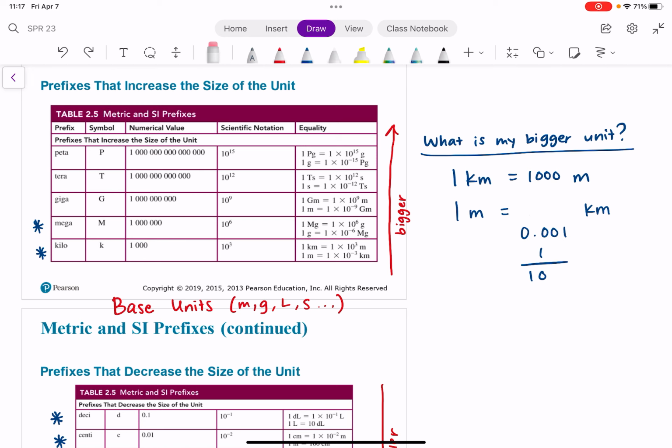I'm just going to leave it like this, because for my brain, I like it better this way. So looking at this, the reason that I say that this is the easier one to work with is because in this one, you have a fractional number here, right? This number is less than 1.